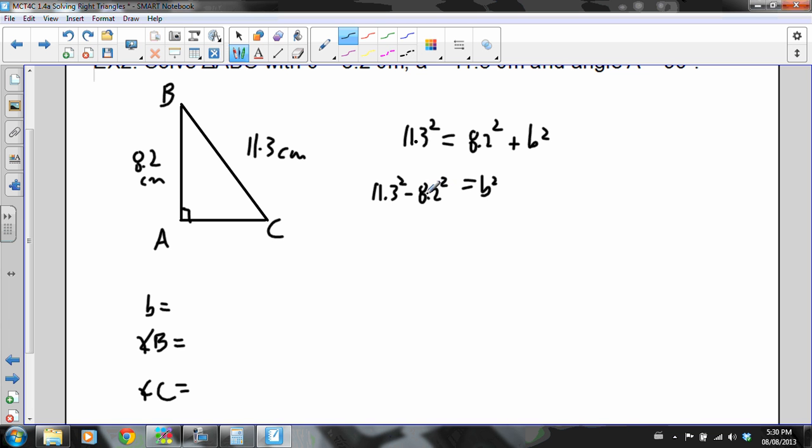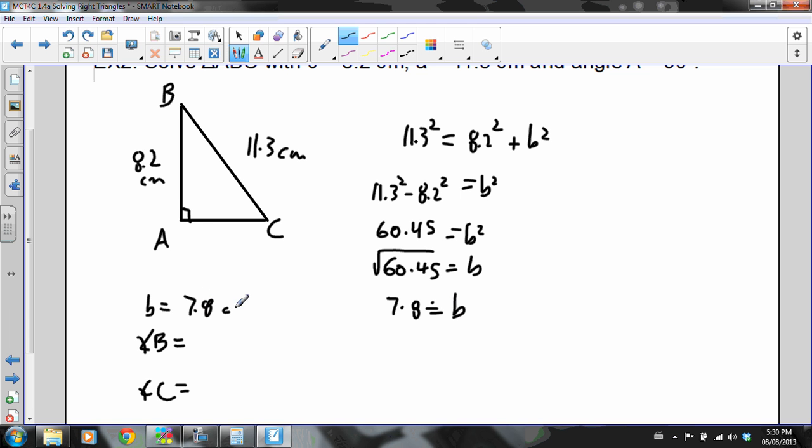You jam that into a calculator in one step, you get 60.45, and that's b squared. Take the square root of that, and you get about 7.8. Approximate answer here. All right, so that one's 7.8. One third of the way done.